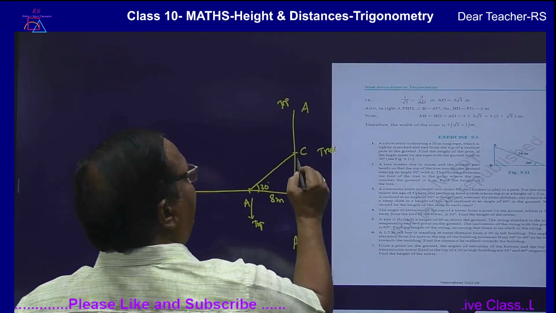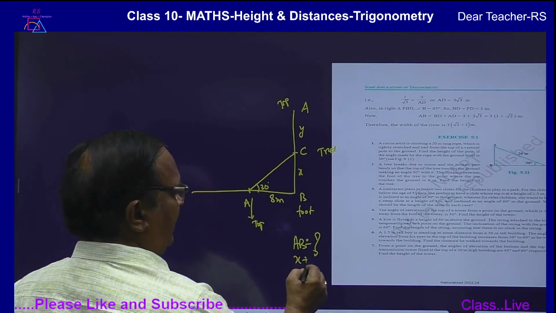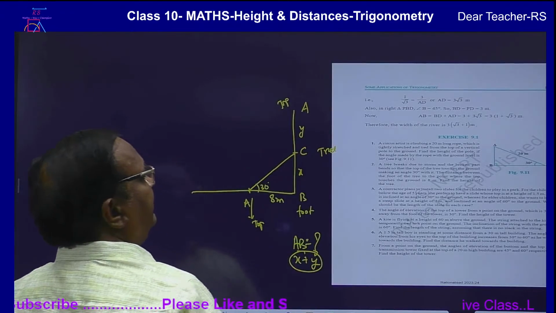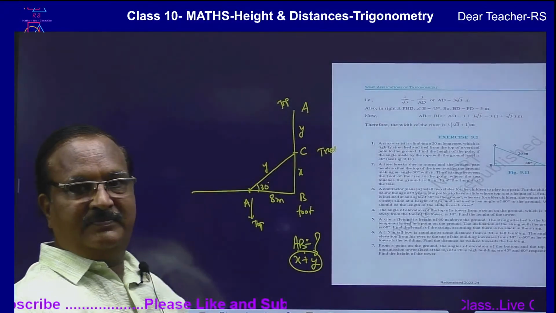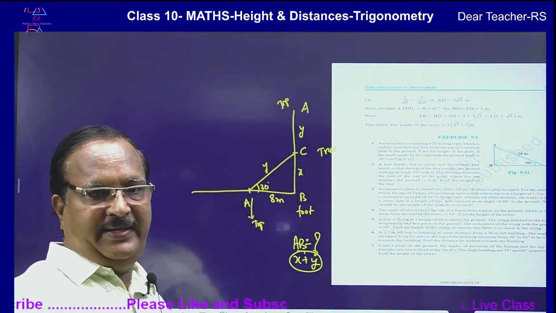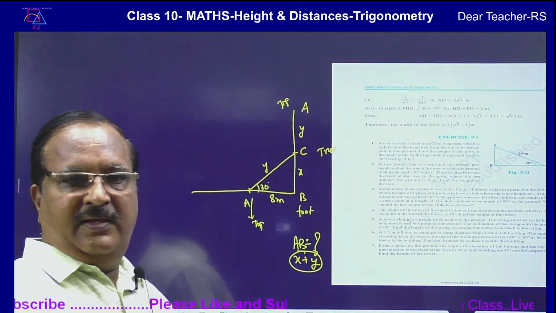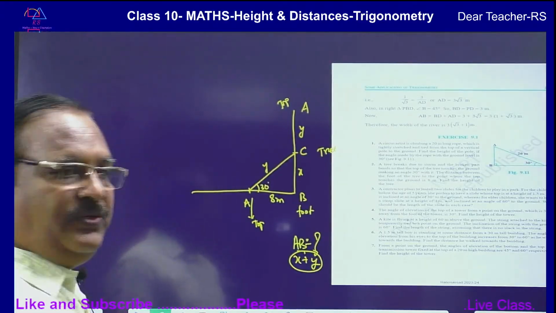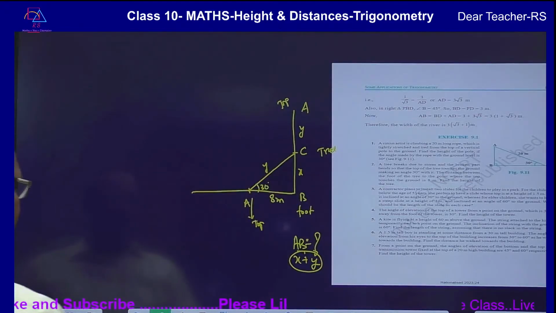Now here let us say x and y. X plus y is the height of the tree. So this y has come here, y will be here. Now we have to find out both x and also y. Okay, so what to do?